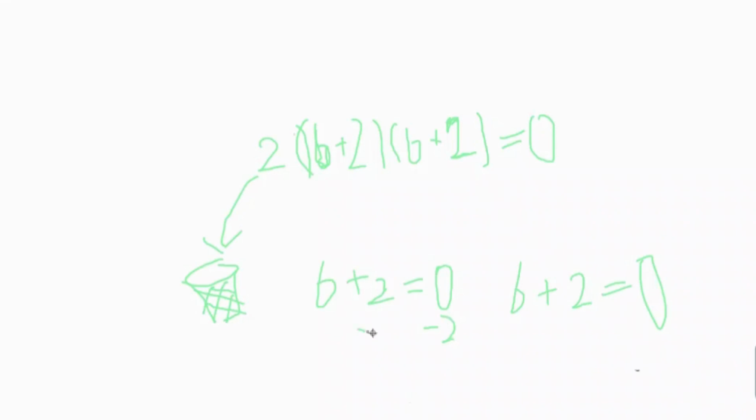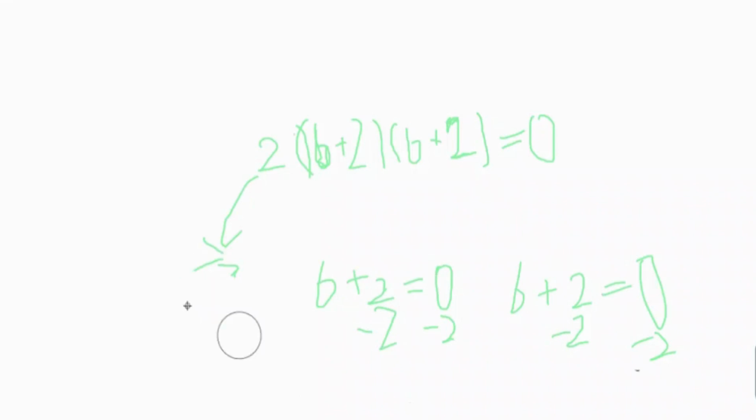Why are we subtracting 2? Because we want to get this b alone. And the only way to do that is to get rid of this 2 right here by subtracting it from itself. But what we do on this side, we also have to do to the other side. So this is going to turn out to be -2 as well. There we go. It's going to look just like that.